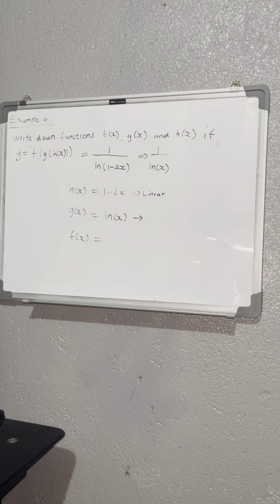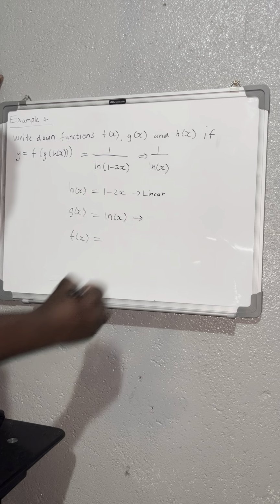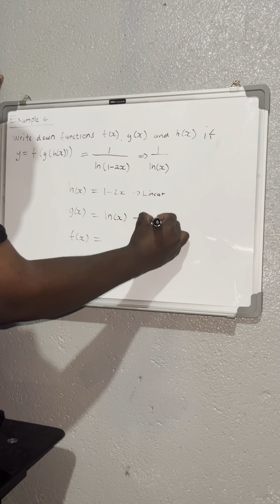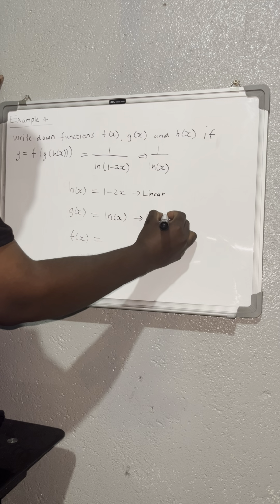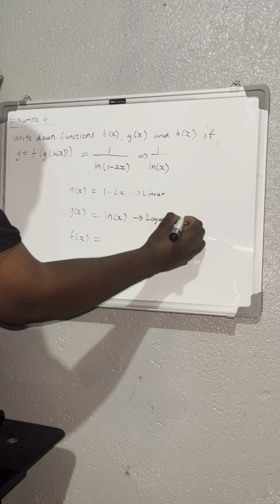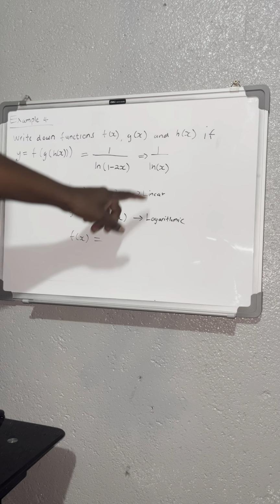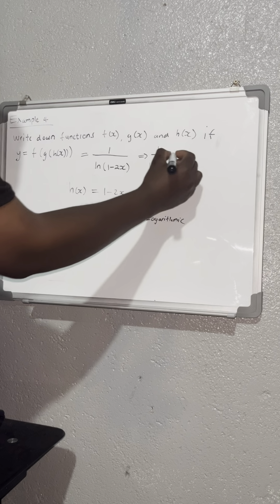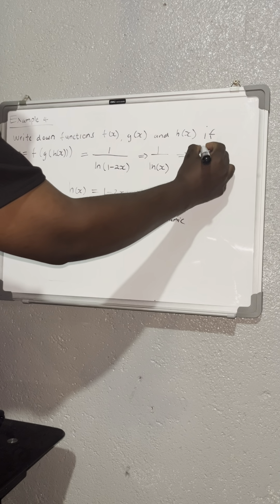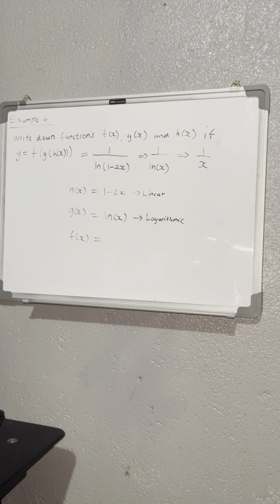Then what type of function is this one? This one is your logarithmic. You see? So once from this one you've taken your ln of x, you get left with what? With your 1 over x.